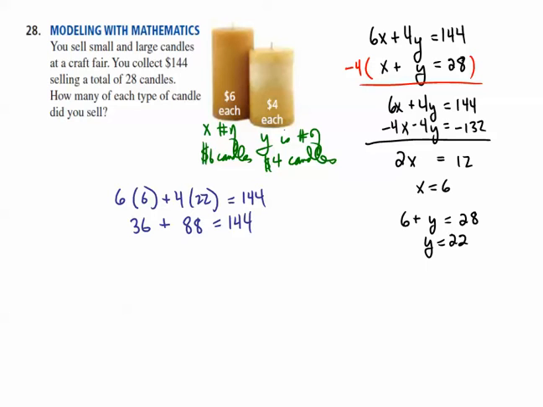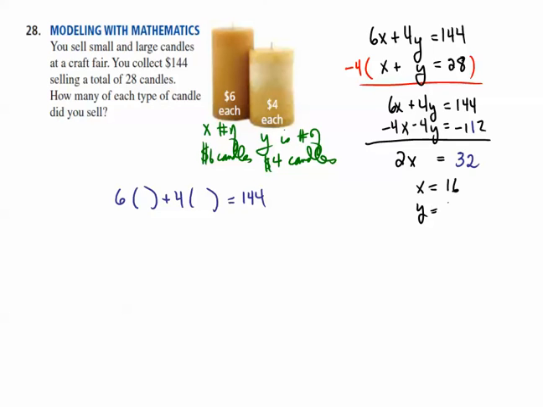When I multiplied both sides by -4, I should have gotten negative 112, which should have given me then positive 32, which would have given me x equaling 16 then. So now if I check my answer, if x is 16 and I needed a total of 28, then y would have to be 12, giving me a total of 28.